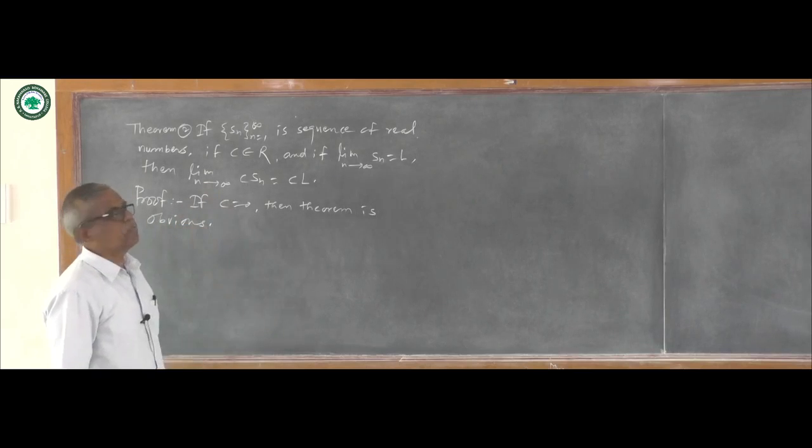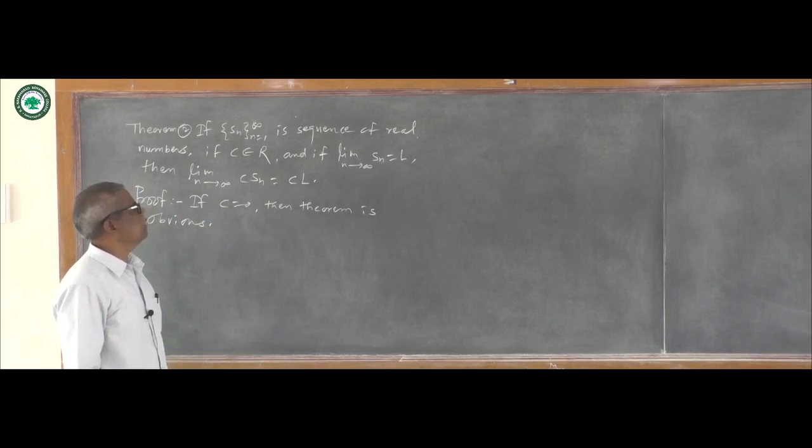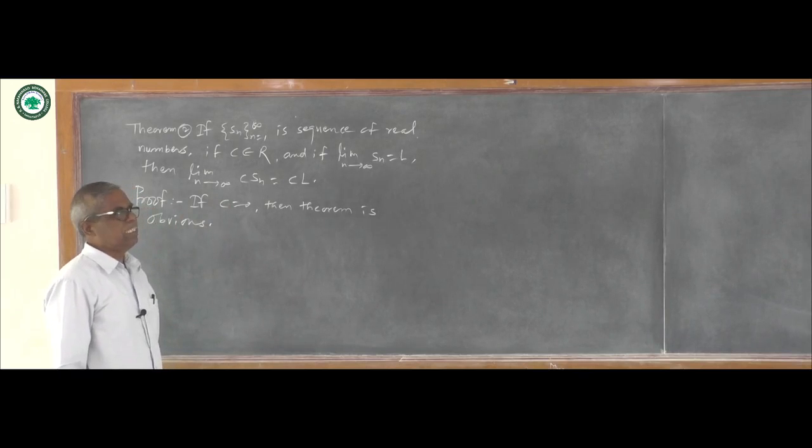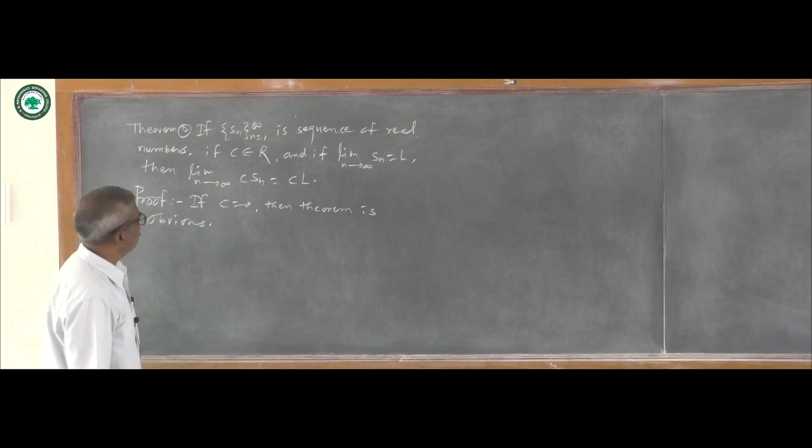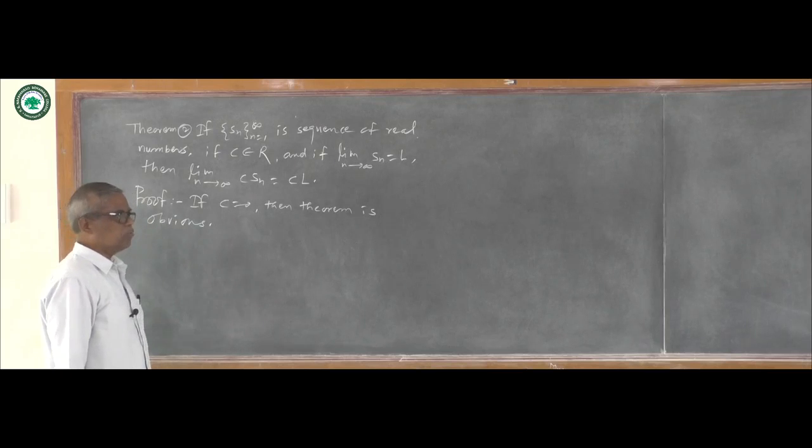That is trivially true. If C is equal to 0, then limit n tends to infinity of C times Sn is equal to 0 times Sn, which is equal to 0, and 0 into L is also equal to 0. Therefore, if C is equal to 0, the theorem is trivially true.